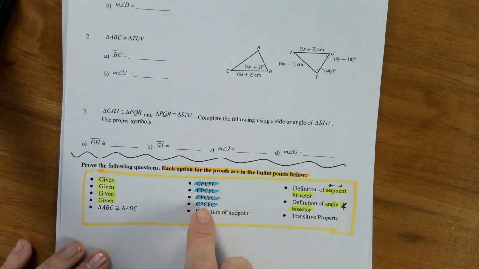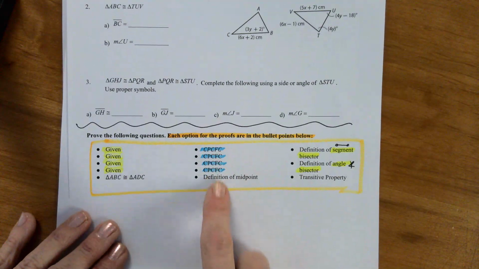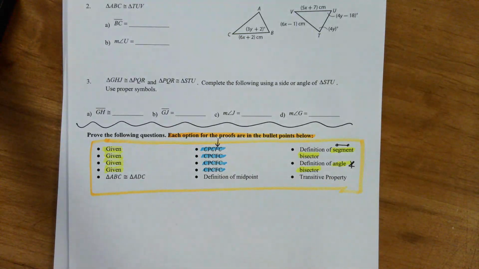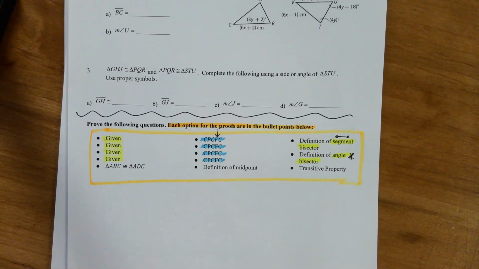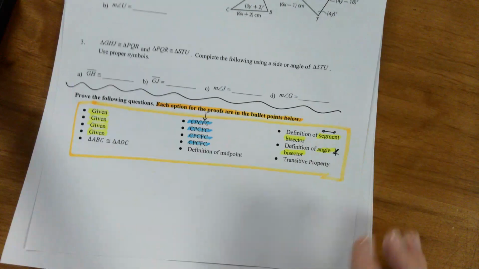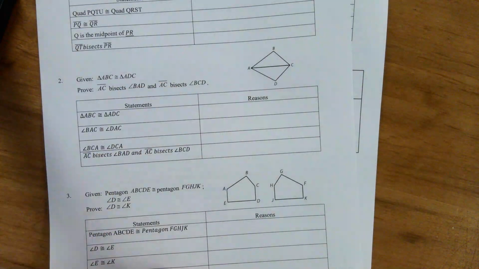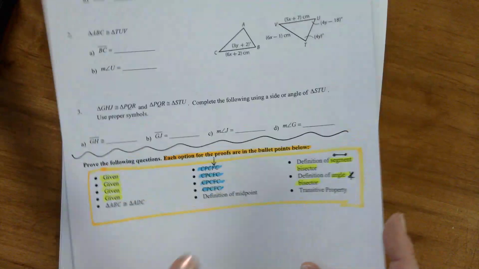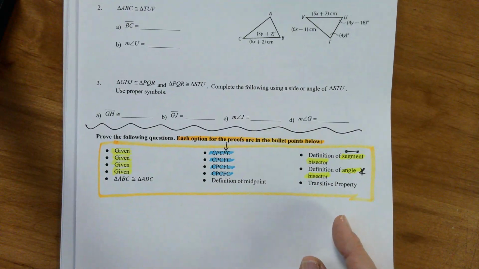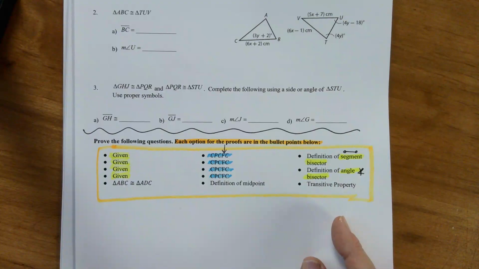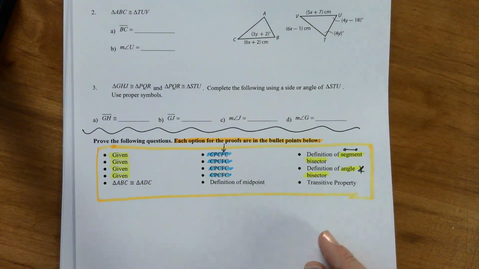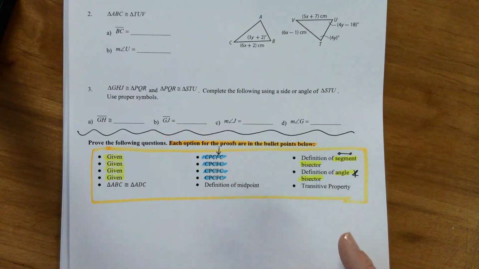I don't see CPCTC, but if the figure is a triangle and you were to write CPCFC, would that still be true? Yes. So one of them does involve a triangle. If you can remember to use a T instead of an F, fantastic. If you just use what the answer bank has, that's okay too. It's interchangeable. Tomato, tomato. Would it be helpful to cross it off once you use it each time? I probably would cross it off each time I use it.